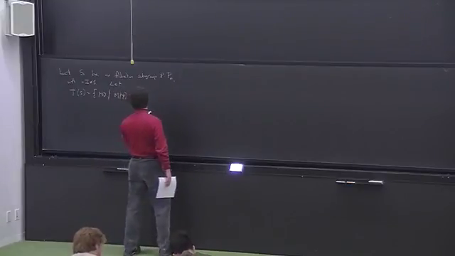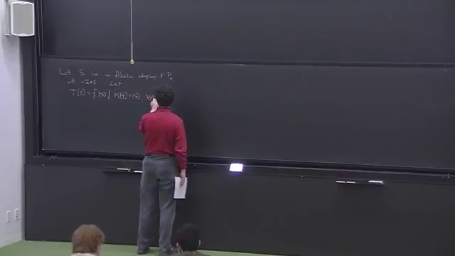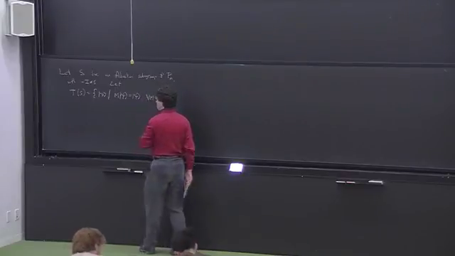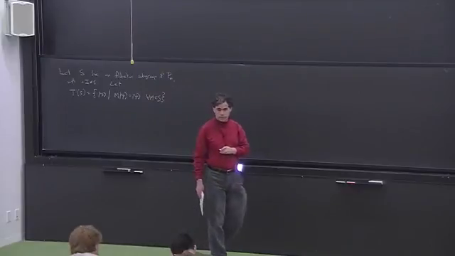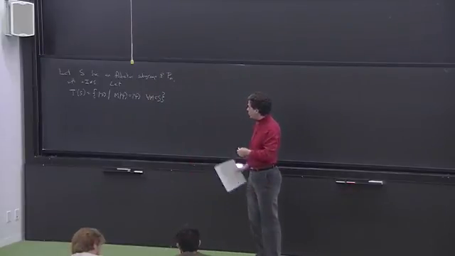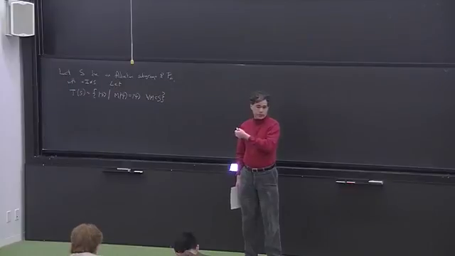Before it was for all psi, but now it's for all M in the stabilizer. Okay? And a code that you derive this way is called a stabilizer code.